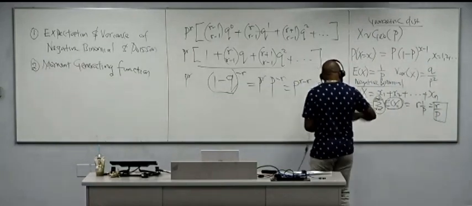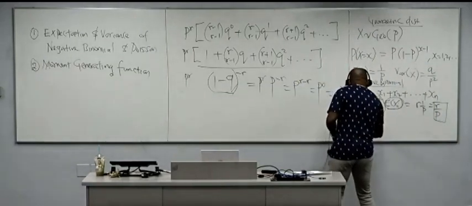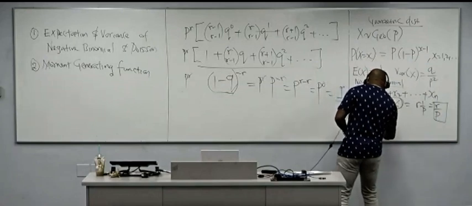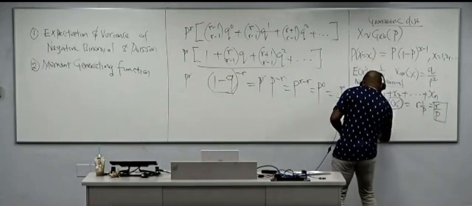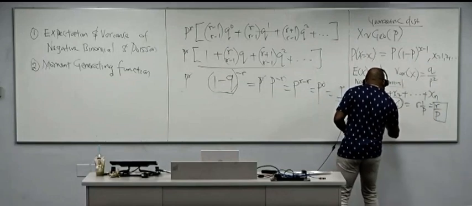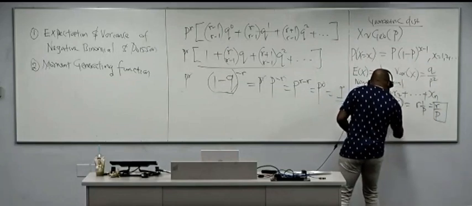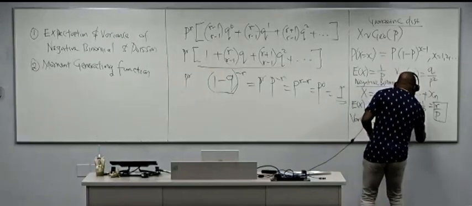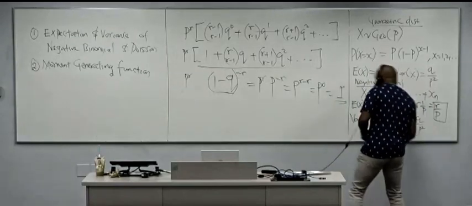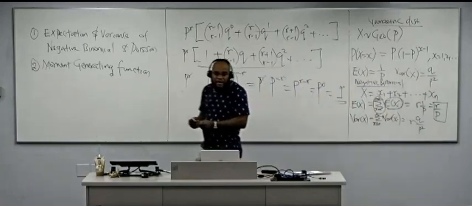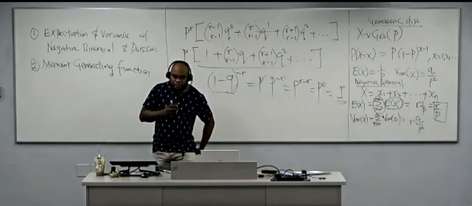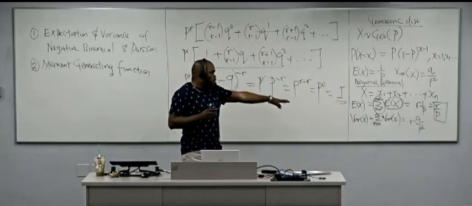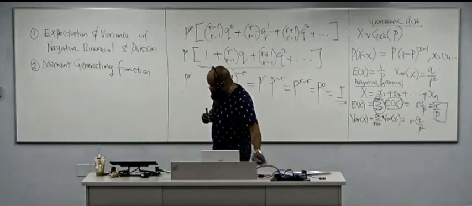The same way you can also look at the variance, where you're also going to say i starts from r to infinity, the variance of xi is q over p squared, and you can also just put r, by way of generalization. Now that is all about that guy.